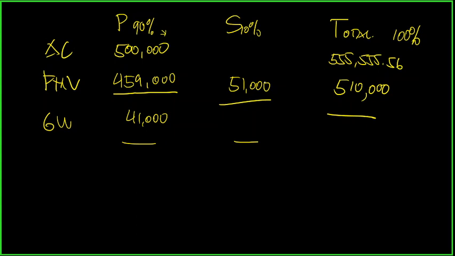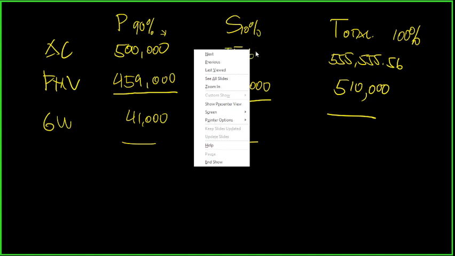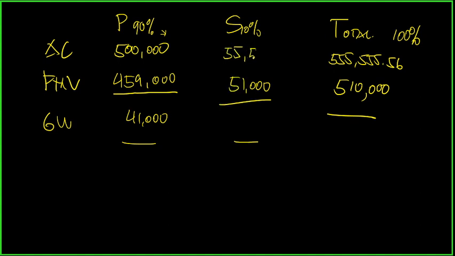Therefore, the subsidiary will have ang difference nila, no? 555.56 minus 51,000, you will now have 4,555.56.